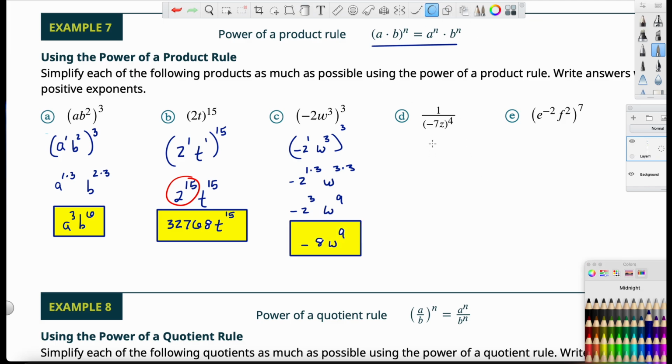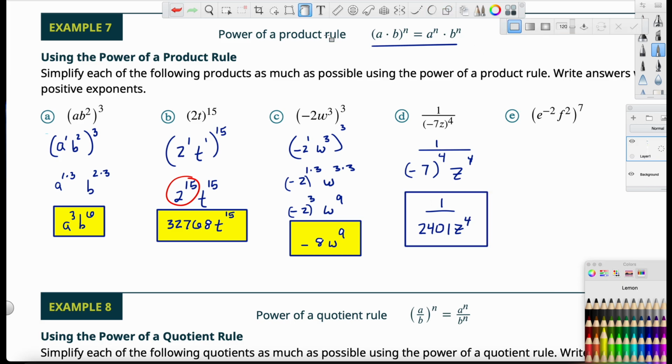Should probably put that in parentheses, that negative 2 base. Same here, I'll put this in parentheses. There we go. Let's fix that. Negative 7 to the 4th, z to the 4th. I distribute the exponent using the power rule. Let's expand that. Negative 7 to the 4th is 2401.